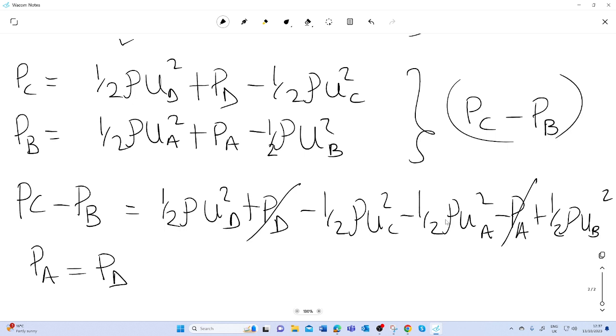Also, we have minus half rho UC squared here, and we also have plus half rho UB squared.